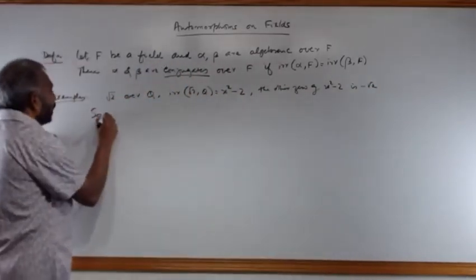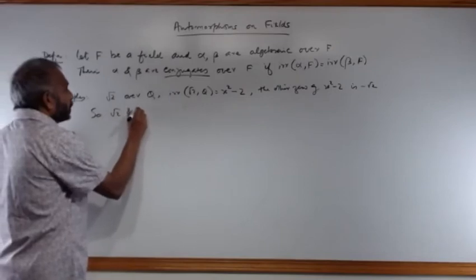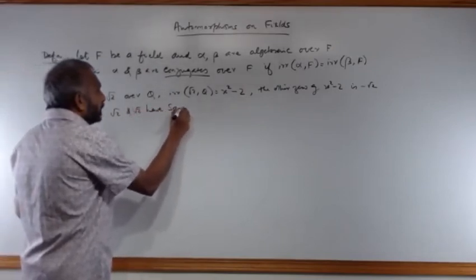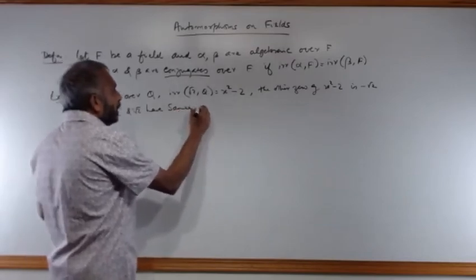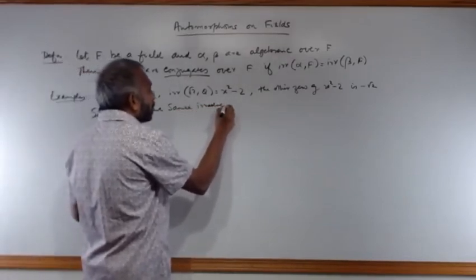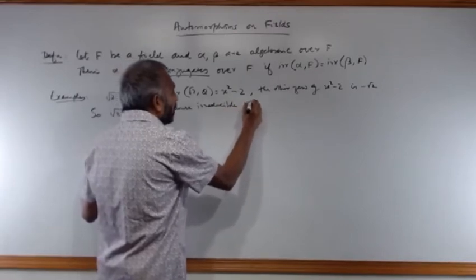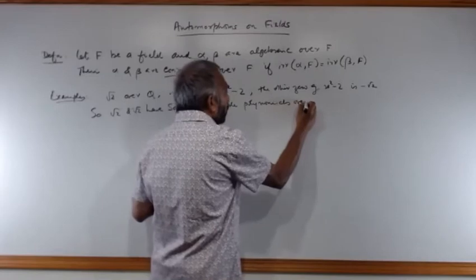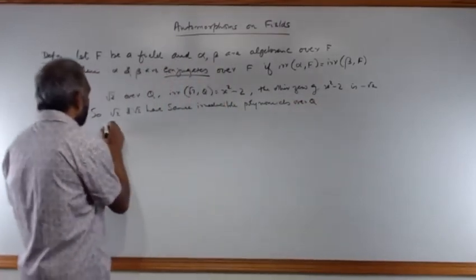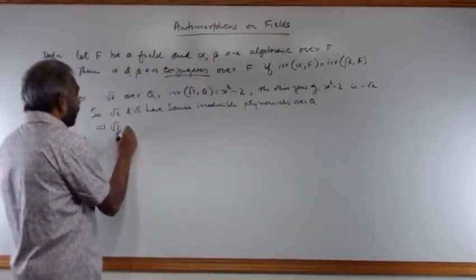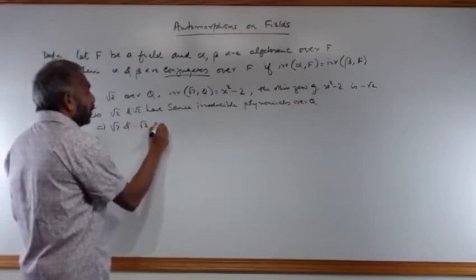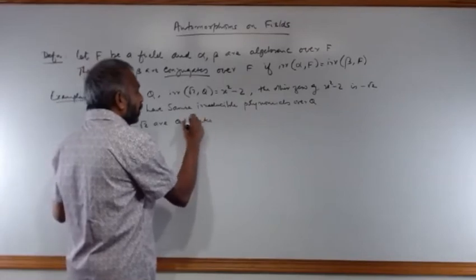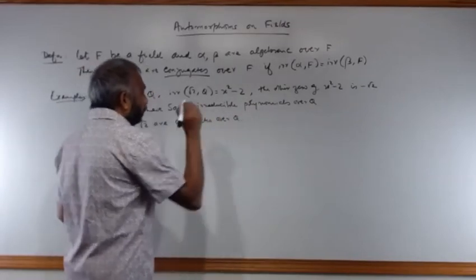So root 2 and minus root 2 have the same irreducible polynomial over Q. And that means root 2 and minus root 2 are conjugates over Q.